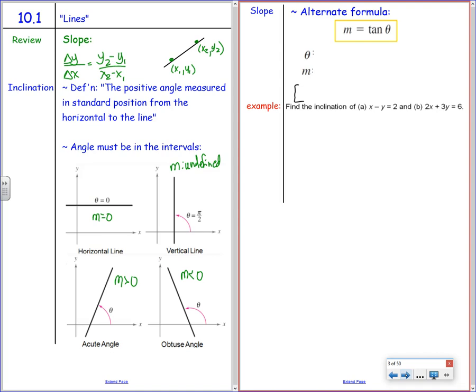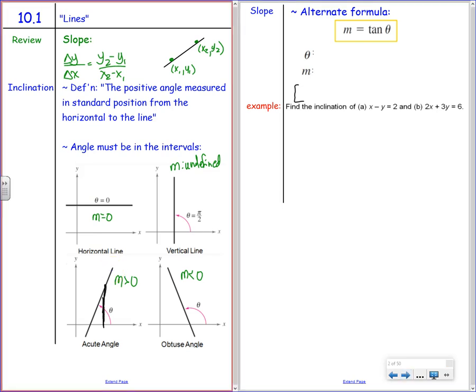What if I was to make a little triangle right here for this theta? If I can make a little right angle between any 2 points, doesn't really matter, make a line. Wouldn't the tangent of theta be the opposite over the adjacent? And wouldn't the opposite be the delta y, the change in the y values?